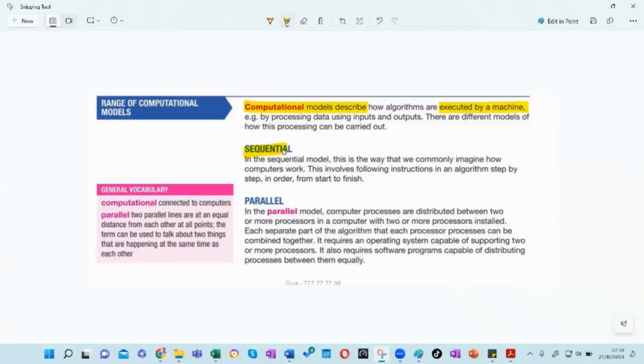Sanula, can you tell me what is sequential? What's the meaning of sequential? The general meaning of sequential. Sanula? Okay, what about Tharul? Okay, what about Meeda? What do you mean by sequential? Okay, no one is responding.